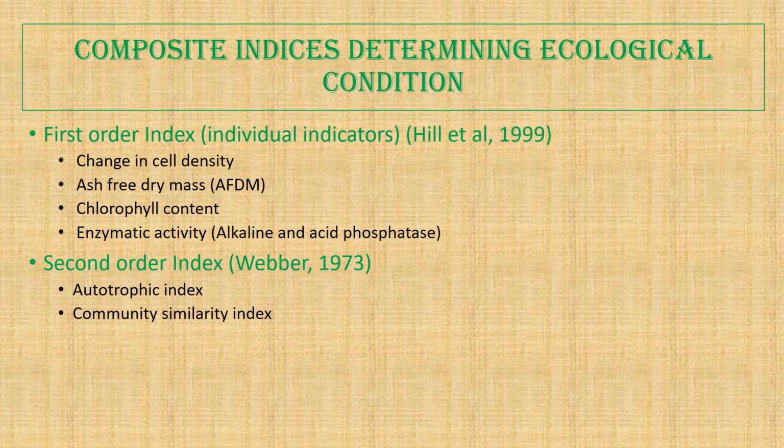First order is individual based, meaning it will find out the cell density of a particular species, ash free dry mass, chlorophyll content or enzymatic activity of a single species. But while determining community level and population level analysis, we can use the second order indexes.